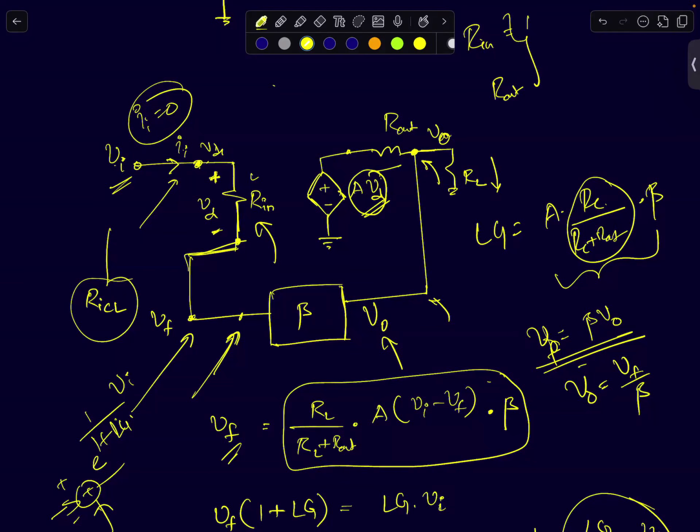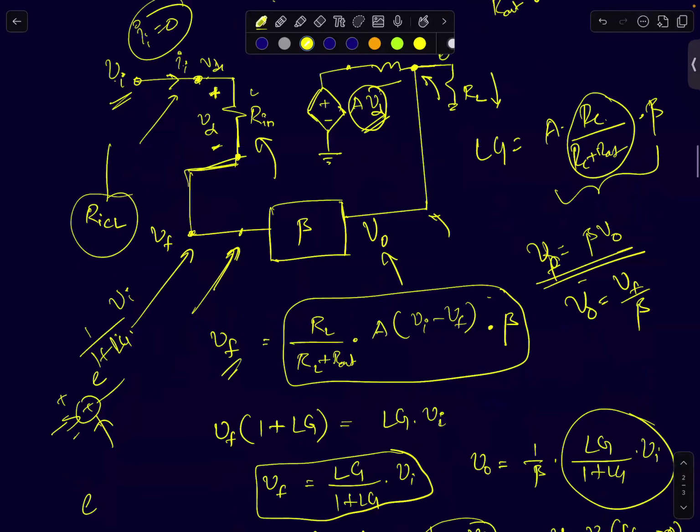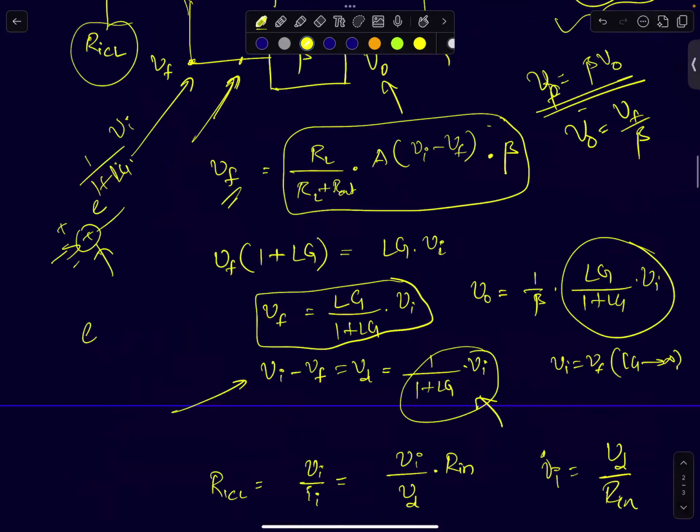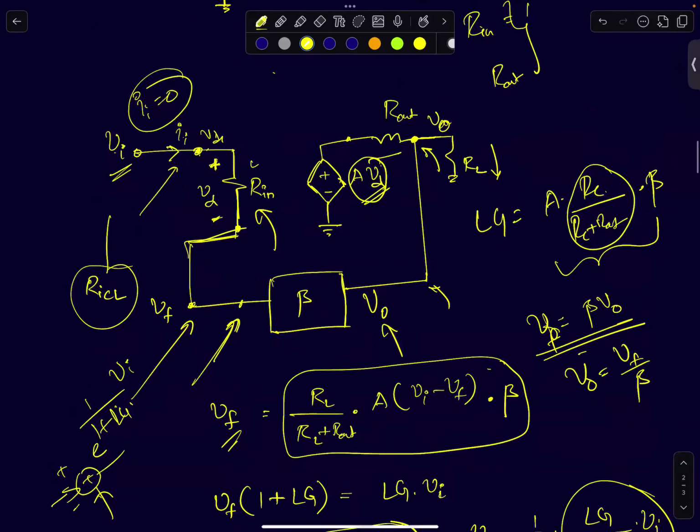But can I use a very simple logic, that it doesn't matter what the input impedance is? If your forward path gain A tends to infinity, then for any finite output V naught, this node is also finite.